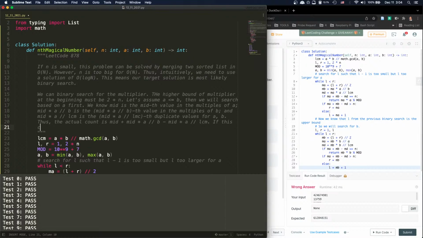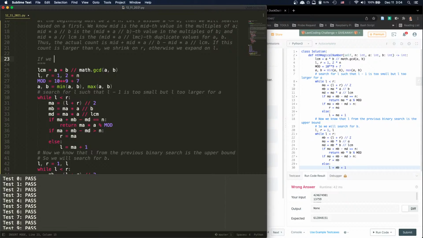If this count is larger than n, we shrink on R, otherwise we expand on L.